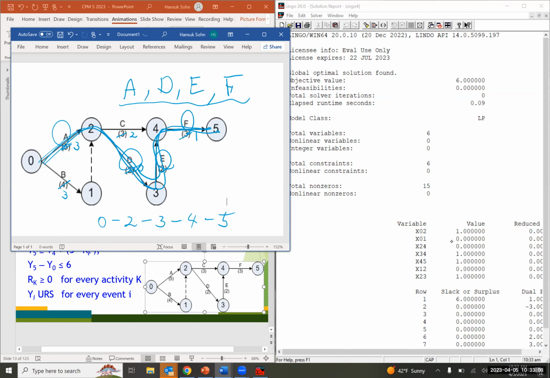And the project can be completed within 6 days, right? So in this way, we can verify the project deadline of 6 days can be met for the cost of $15,500. Okay, does that make sense?